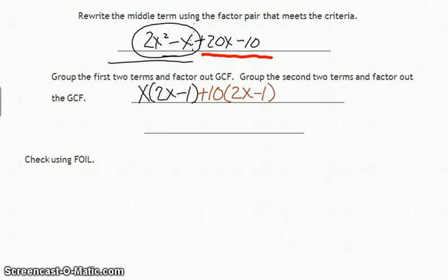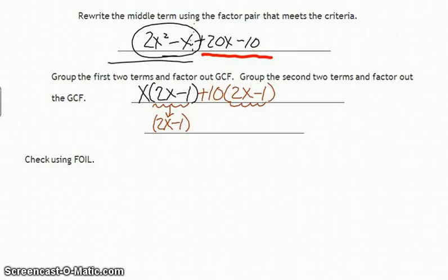What you need to see at this point is that the binomials we just created match exactly. So that common binomial is one of our binomial factors. The second one is made up of the other two terms that we factored out.